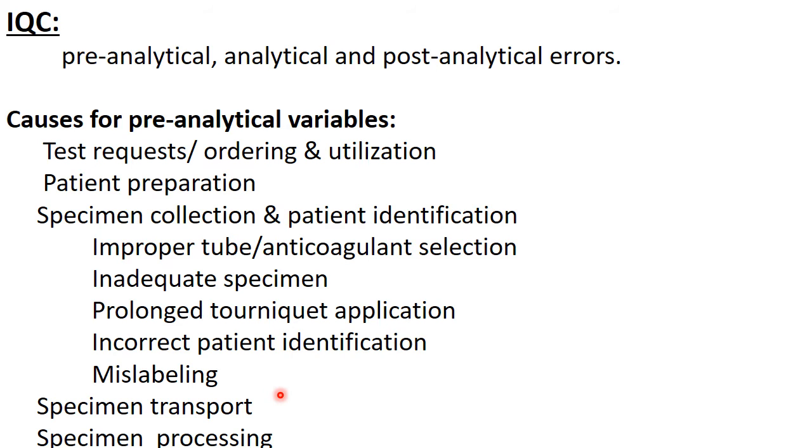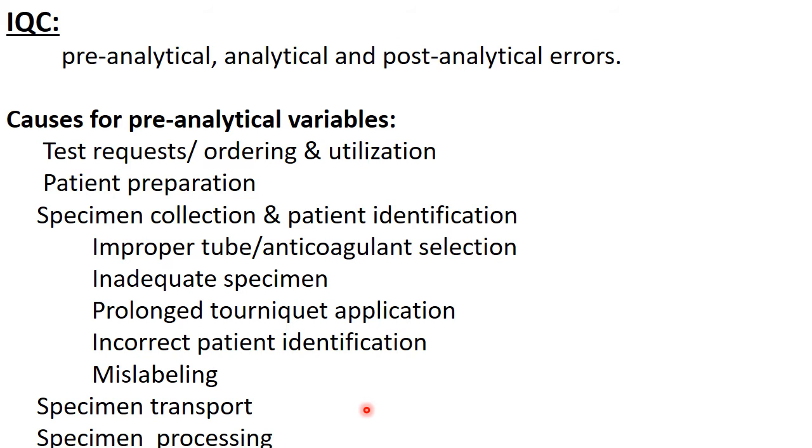Coming on to the internal quality control variables. Monitoring of pre-analytical variables needs the coordinated effort of many individuals and departments of the laboratories. Each individual must recognize the importance of their role in maintaining a high quality of services.